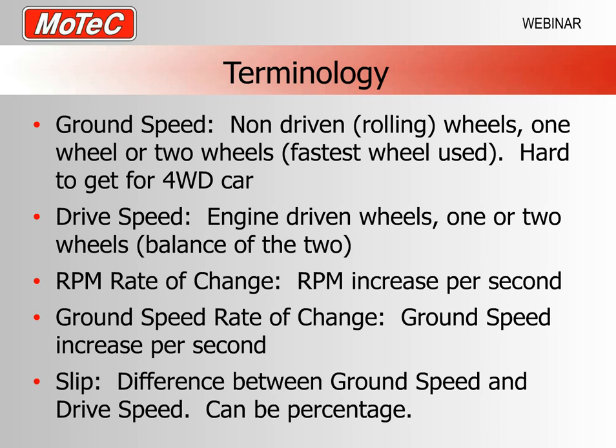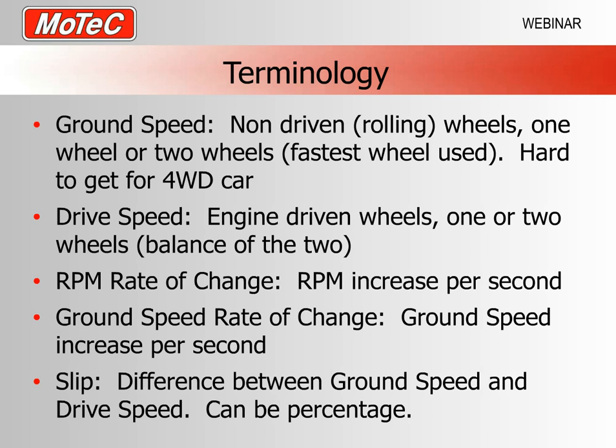This is to take into account things like different types of differentials, like an open center differential, a limited slip, or even a full spool or a locker as they're called. Ground speed and drive speed are the same thing on a bike, but obviously we're only going to have one ground speed and one drive speed on a bike, but it still works basically the same.